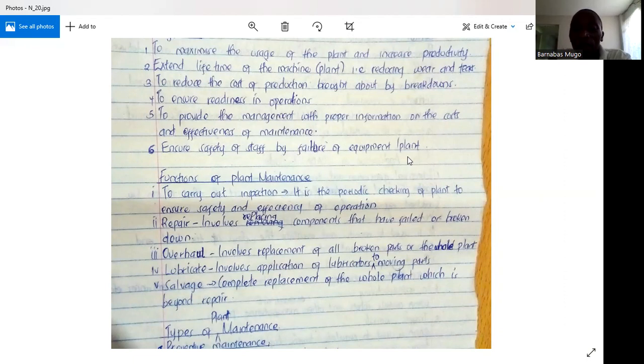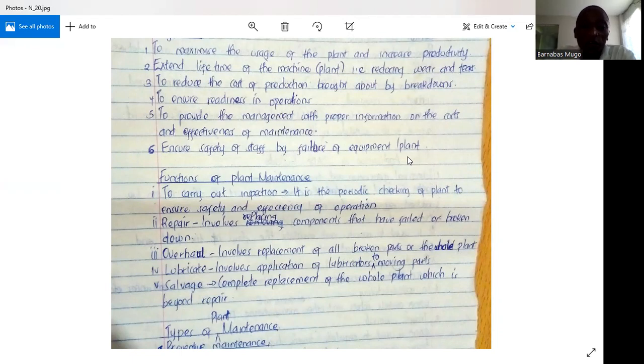There are five main functions or operations that are carried out during plant maintenance. One of them is to carry out inspection. We do inspection of that machine so that we can check the safety and efficiency of that machine's operation.